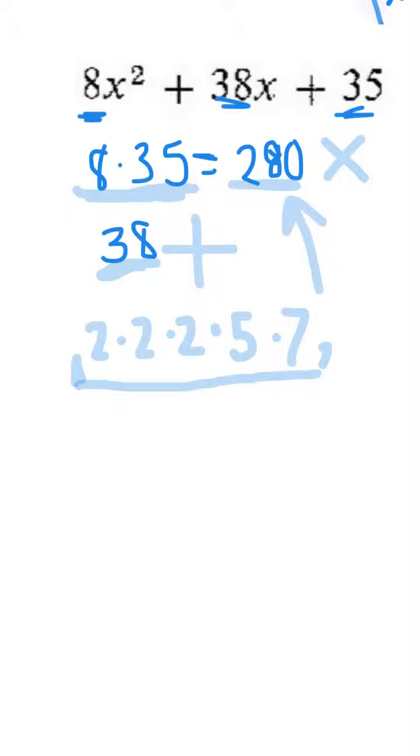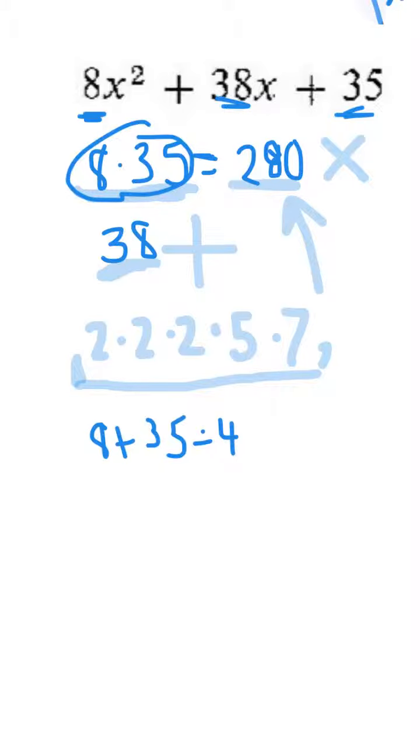We also know that 8 times 35 won't work because 8 plus 35 is equal to 43. But that's really useful information because 43 is really close to 38. The other thing that's going to help us is knowing that because 38 is even, we either have to have both numbers being odd or both numbers being even.